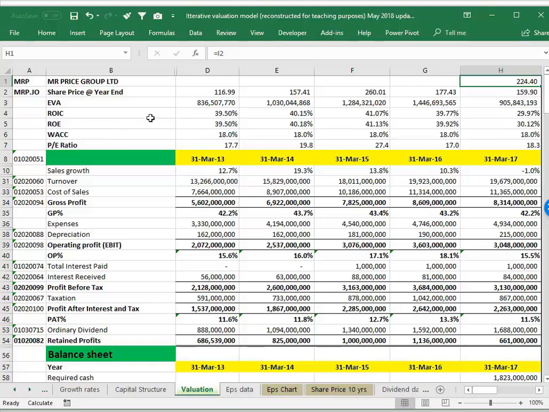If we look at the return on invested capital for Mr Price, we'll see that in 2013 this was 39.5%, and if you recall, we said we wanted this to be greater than the cost of capital, which was 18%. So that was certainly the case in 2013, which implies that Mr Price is creating value and providing returns to its investors and capital providers that are higher than the cost.